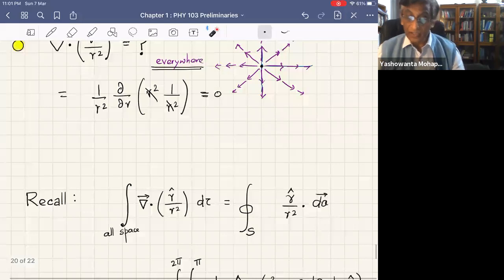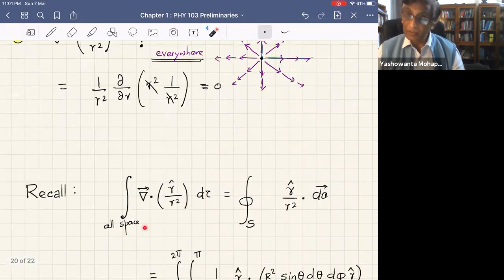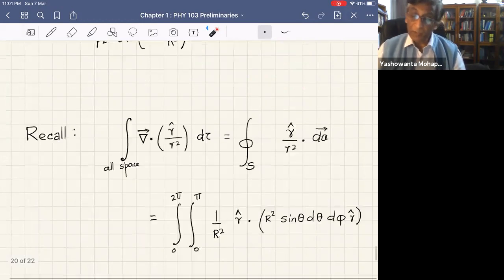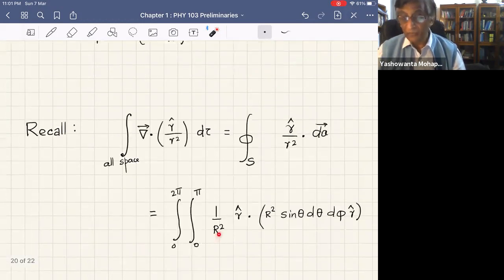But I can always convert this. Let's say I take the divergence over all space. Then I can convert this through the fundamental theorem, a volume integral into a surface integral. The divergence theorem goes to r hat by r squared dA, for a spherical symmetric. So I take a sphere of radius r, then this becomes 1 by r squared r hat, and dA is R squared sine theta d theta d phi r hat.